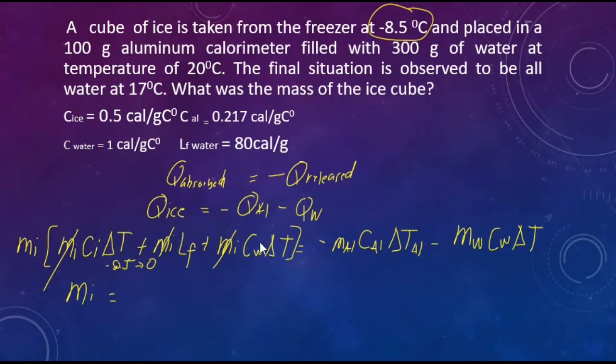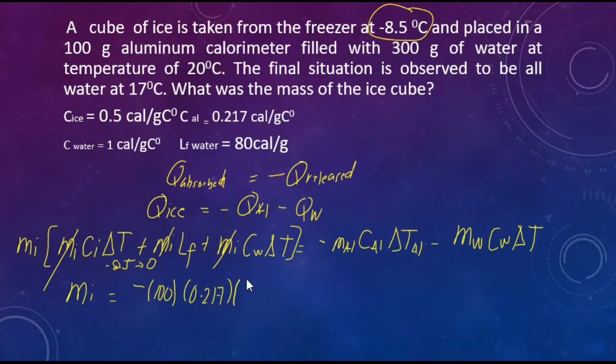Okay, so let's now substitute. We have the mass of the aluminum. For the mass of the aluminum, we have negative. Aluminum is 100, so 100. C of the aluminum is 0.217. Earlier we used, I think, 0.22, but it's okay. Let's use now, since it's the given here, 0.217.